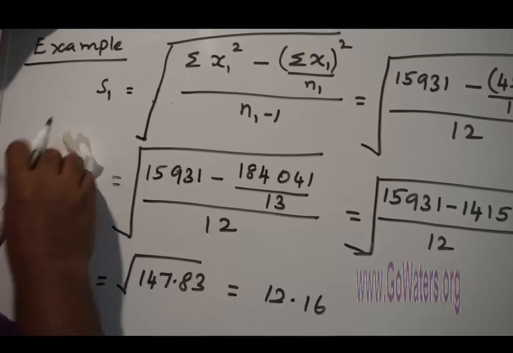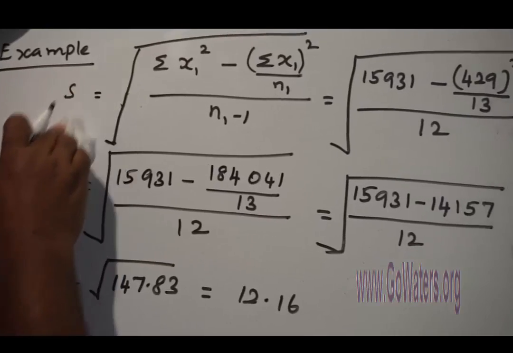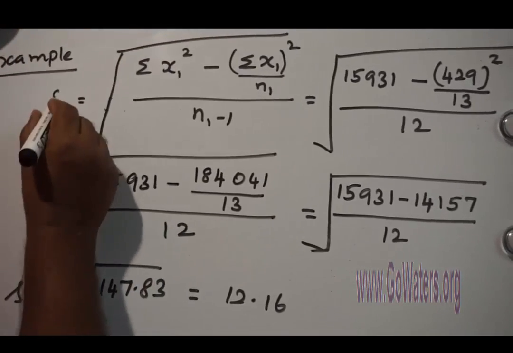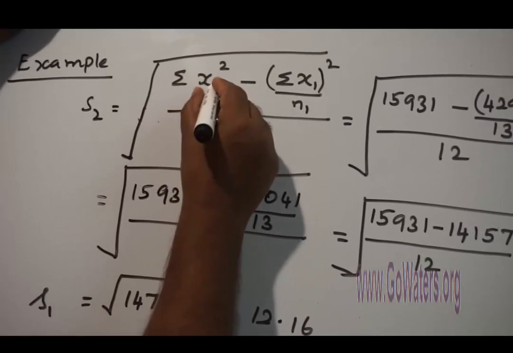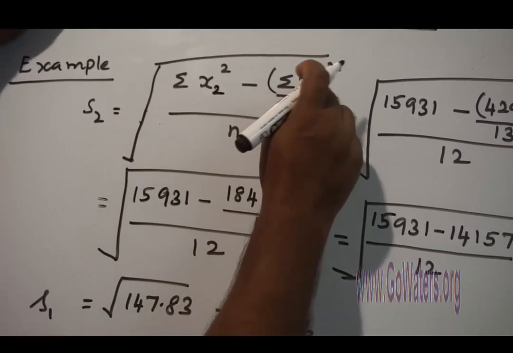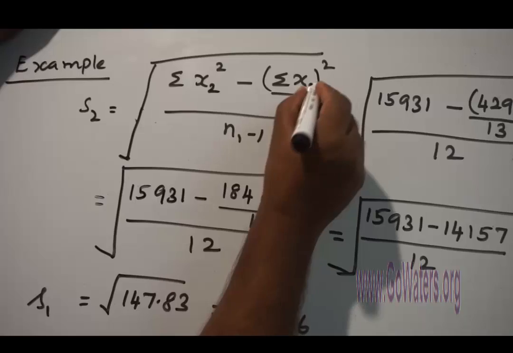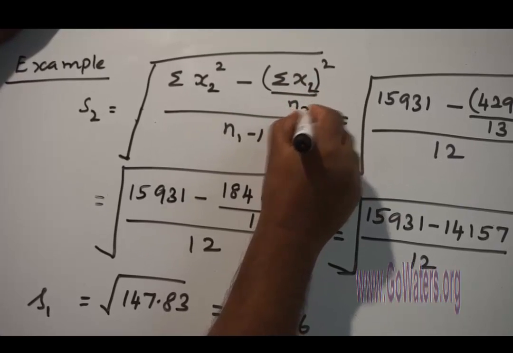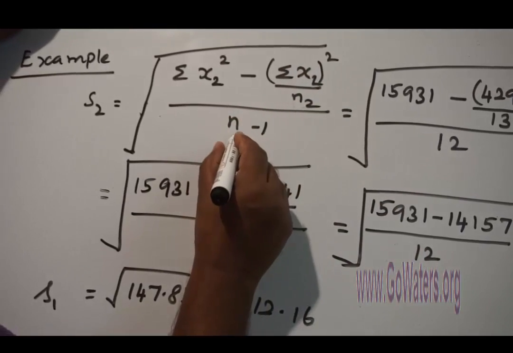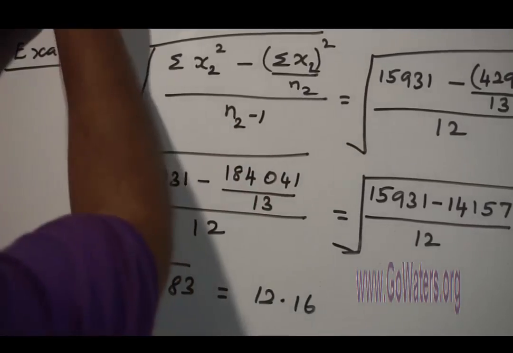Similarly, you can calculate S2. So this will be x2 square, over n2 minus 1.